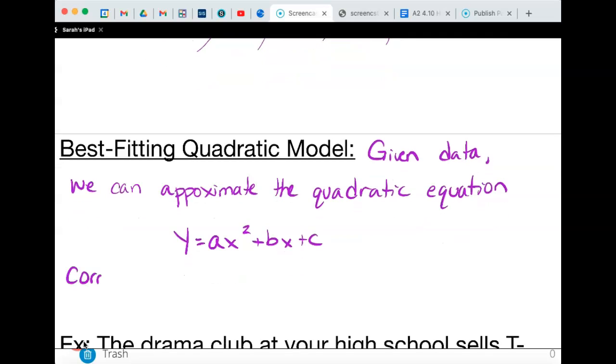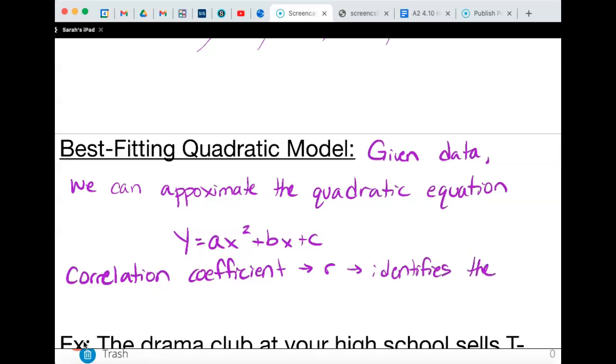And we should talk about this correlation coefficient, which we have talked about before. It's the R value. It identifies the strength of the model to the data.